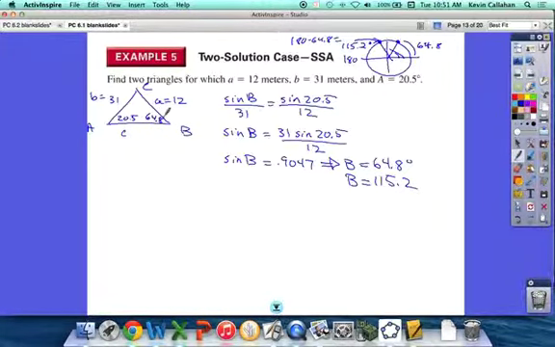And now we can find the angle C, right, at 180 minus 20.5 plus 64.8, which is 94.7.